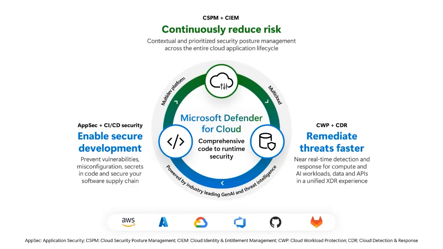Defender for Cloud also protects your cloud against evolving threats with near real-time detections for cloud and AI workloads, data, and APIs in a unified XDR experience where you can enable correlation and advanced Copilot-powered response actions across your entire digital estate.